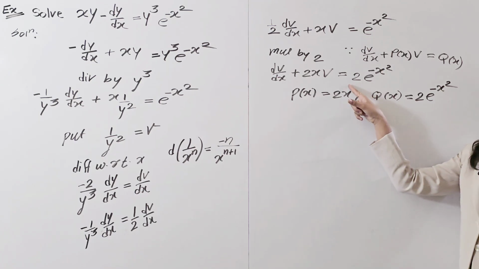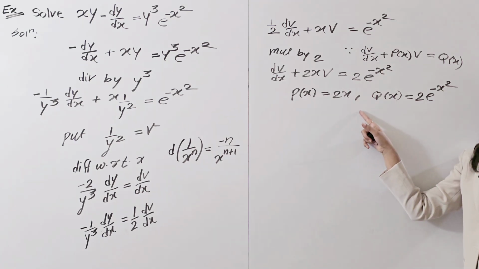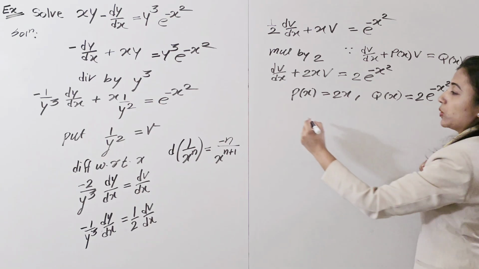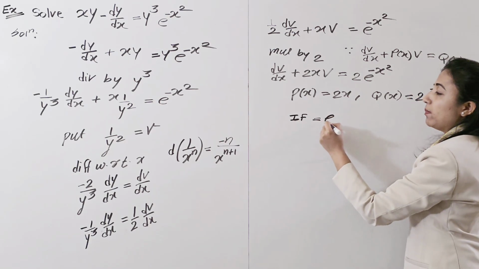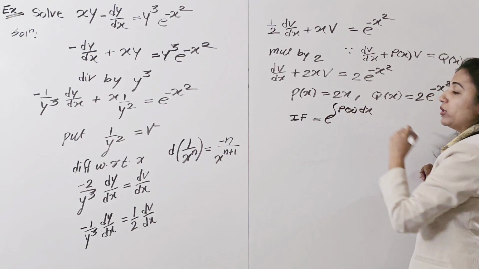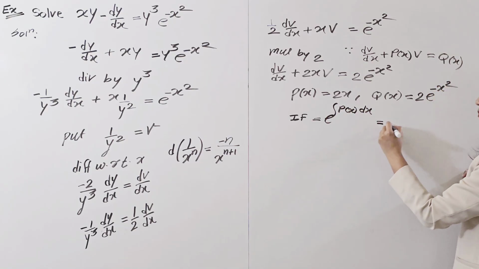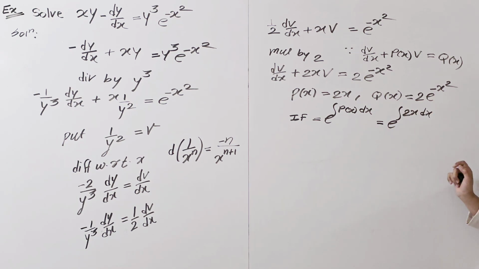Once it is in the standard form of the linear differential equation, you have to find its integrating factor for the complete solution. So in the first step, find the integrating factor. The formula is e power integration of p of x dx. Put the value of p, so it is 2x dx, and we know the integration of x is x square by 2.